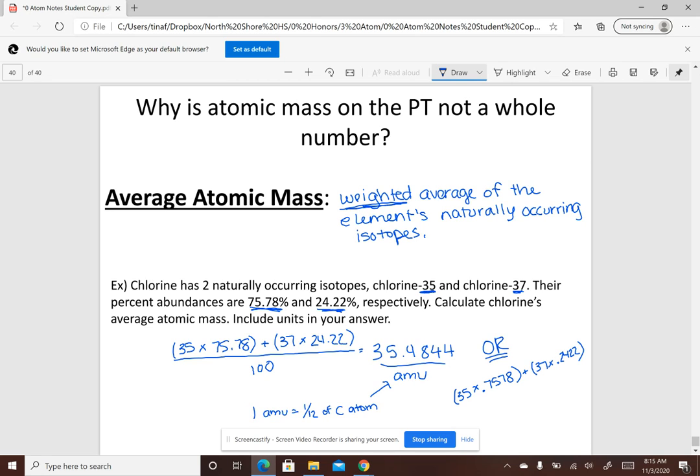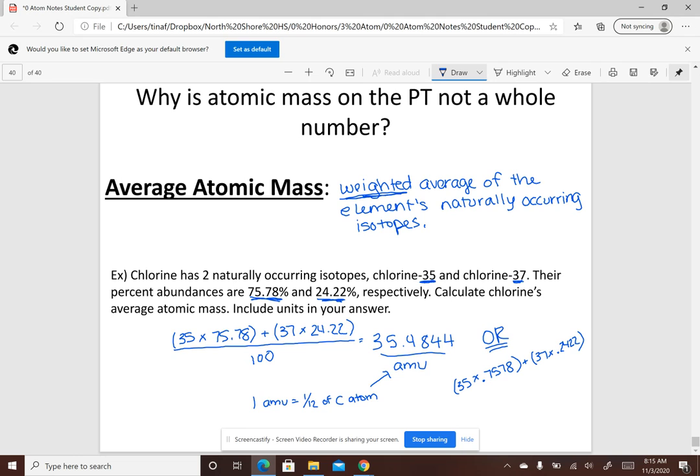So carbon has a mass of 12, so 1/12 of it would be a mass of 1. That's what they use to come up with the scale for this unit for mass. We're not going to be using grams because atoms are too small to measure in grams.